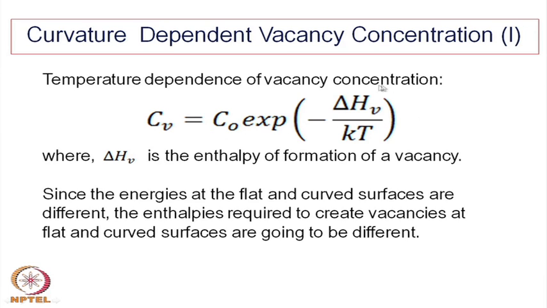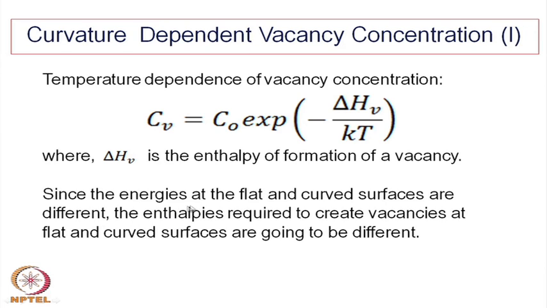The enthalpy change, delta H V, is the enthalpy of formation of a defect. So, that gives us the exponential temperature dependence. C 0 is a constant times exponential minus delta H by kT, this is the so-called Arrhenius equation, the well known Arrhenius type of equation.